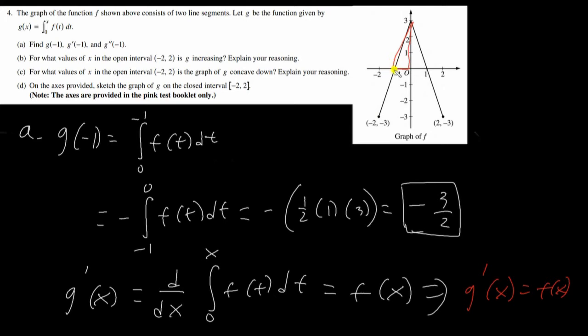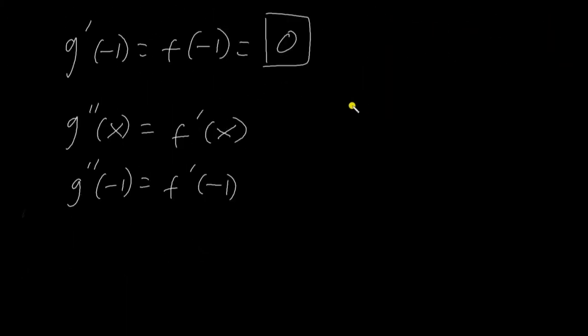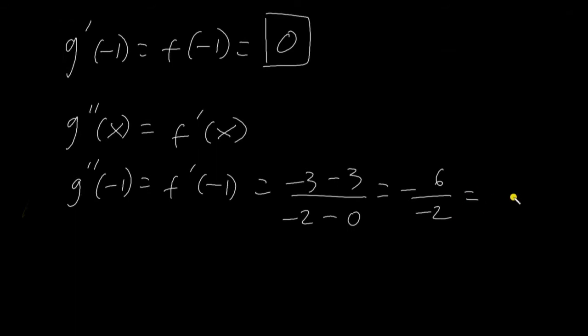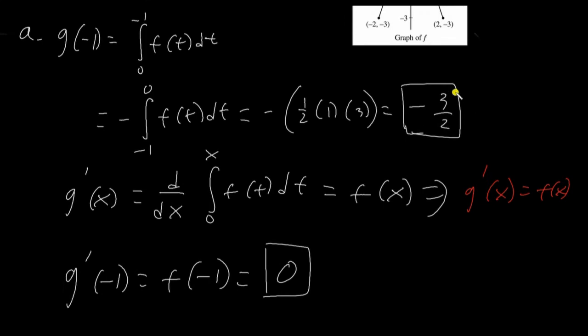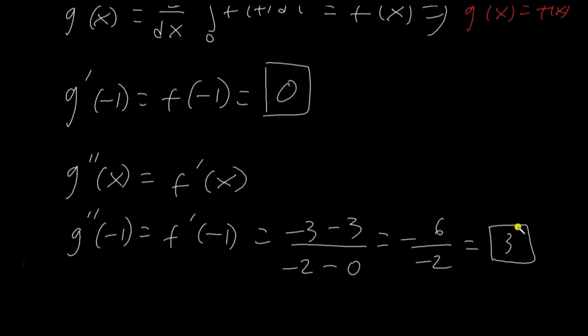So to find the slope of the line, we'll use 2 points. Let's say, for example, -2, -3, and we'll use 0, 3. So in that case, the slope will be y2 minus y1 over x2 minus x1, which is 6 over 2, which is 3. Okay, and this is a 3-point question, 1 point, 1 point, and 1 point.